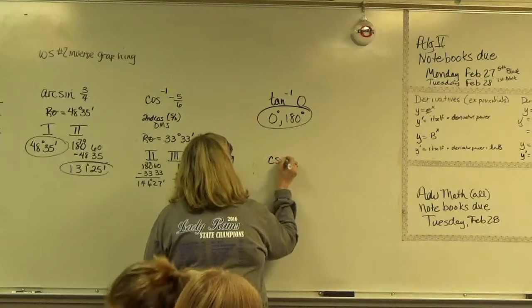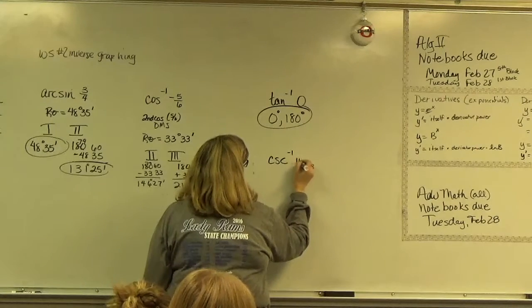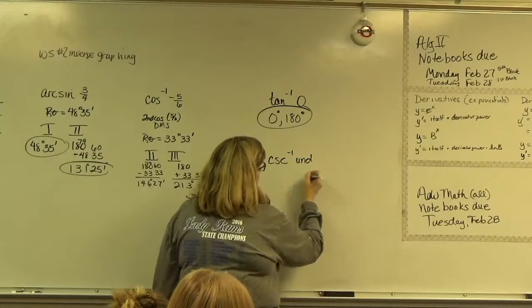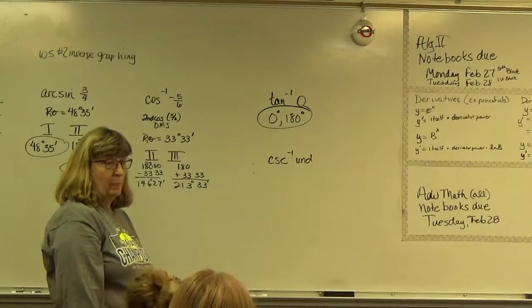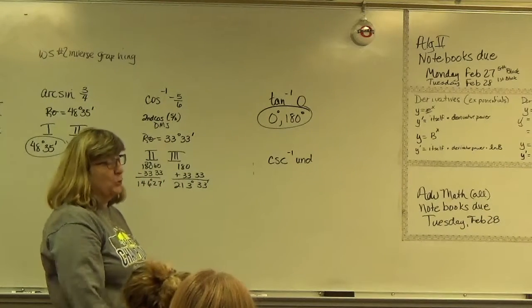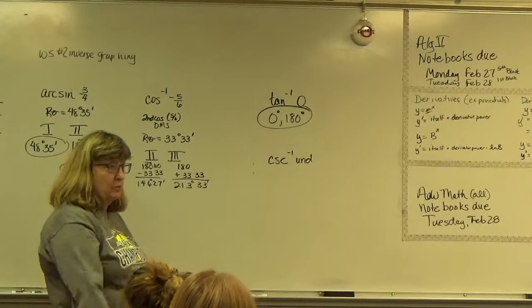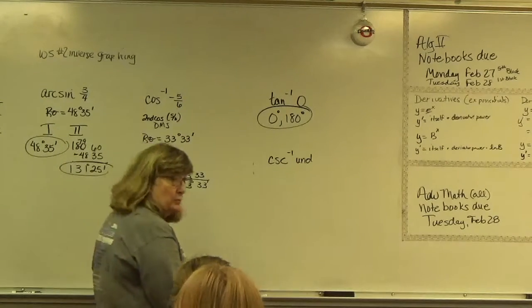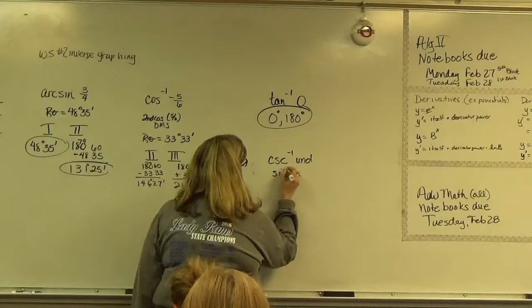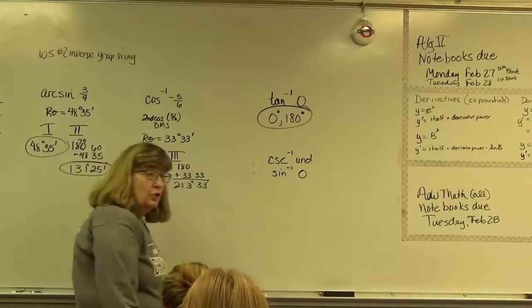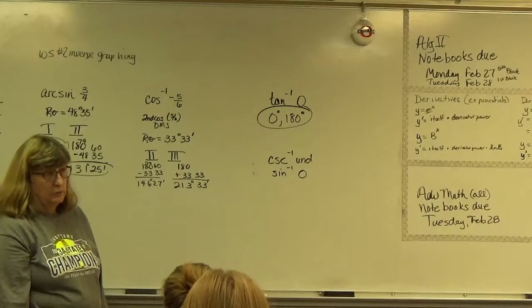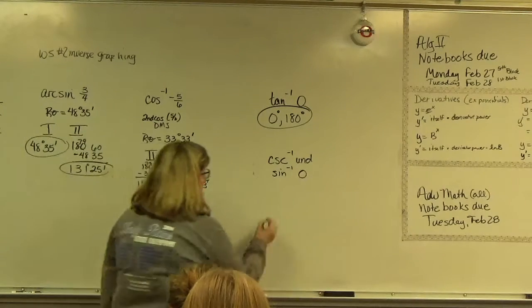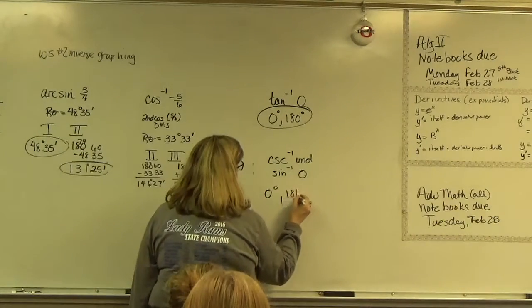Let's say I've got the cosecant of undefined. Which we could get on the chart, but normally you wouldn't have cosecant, because we'd change it to sine, wouldn't we? Sine of 0. So sine of 0, and if you look on your chart, you'd say where's sine 0, because that's on an axis. 0 and 180, two places.